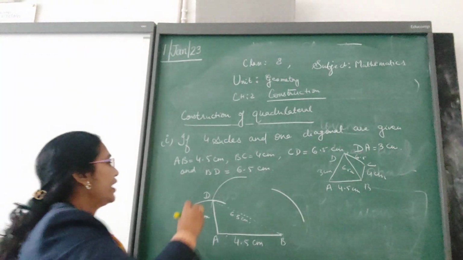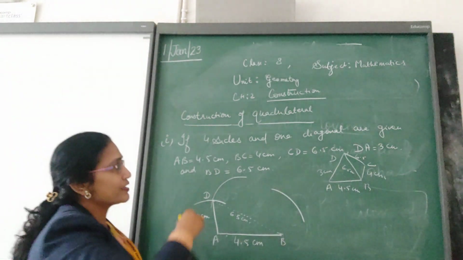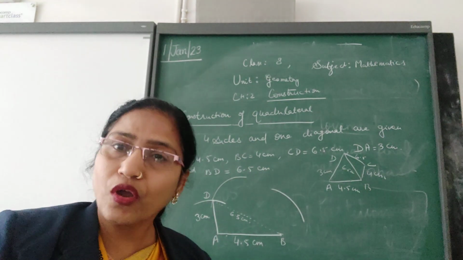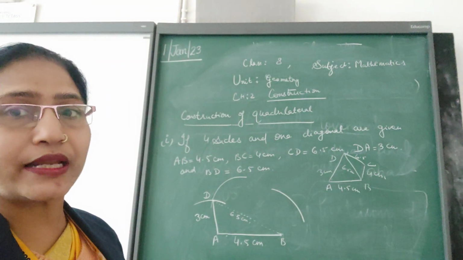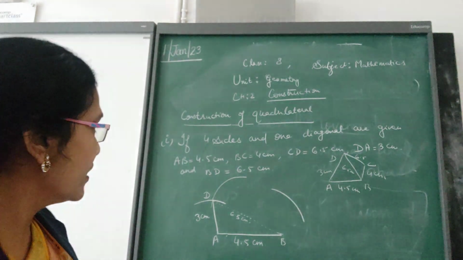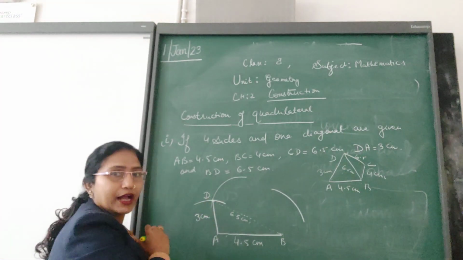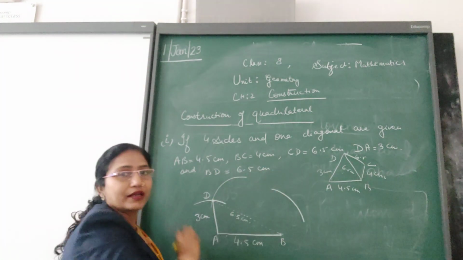Now D point, you got it? So D as a center, because length CD is also given 6.5 centimeter. So what you have to do is take the radius 6.5 centimeter in your compass and D as a center. Now you have to put the needle of the compass here and draw another arc.